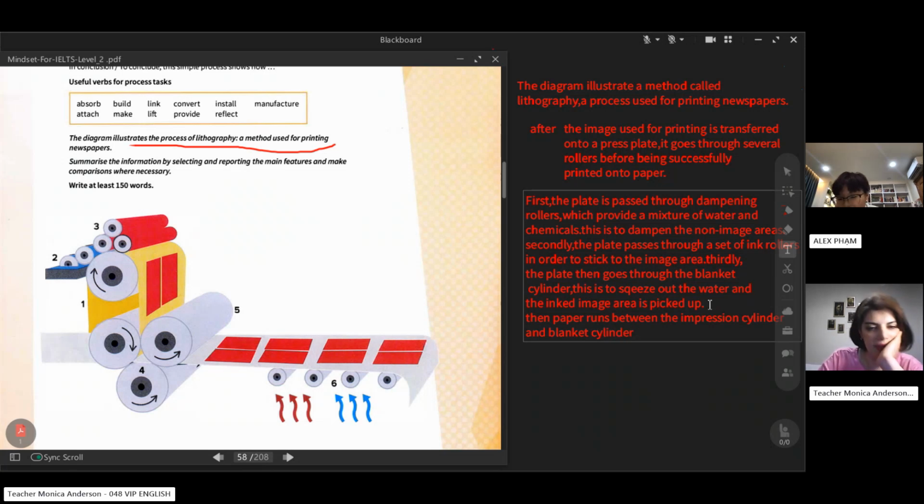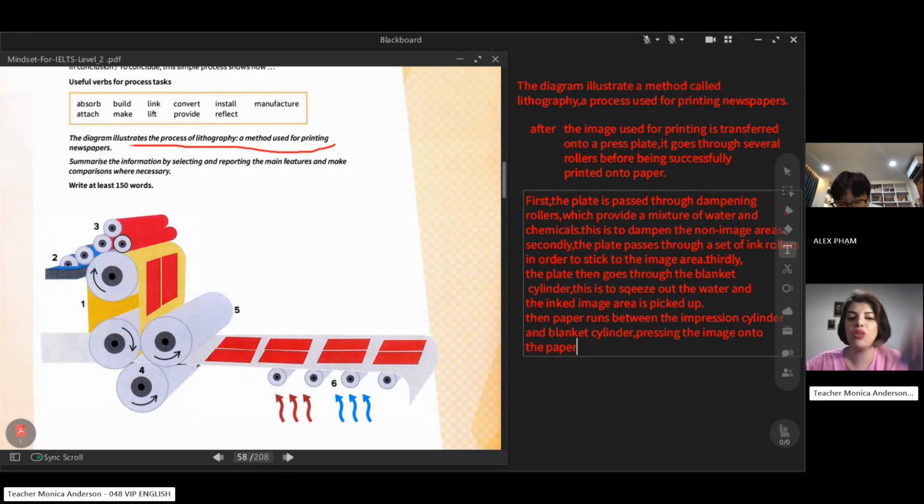Why? Pressing the image onto the paper. Now we have the image and we want to press it onto the paper. Because of this, we have the impression cylinder, and after the blanket cylinder it goes to the impression cylinder, and here we can press the image onto the paper.